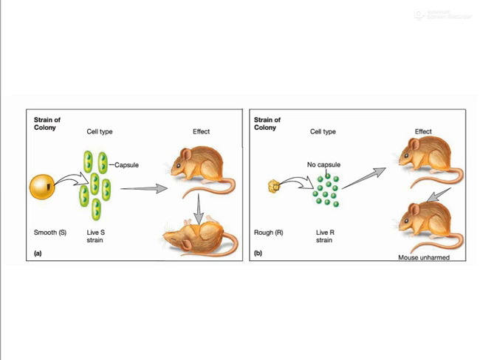The smooth strain has a capsule, and when it was injected into a mouse, the mouse was killed. Whereas when the rough strain, the capsuleless or R strain, was inoculated, the mouse was not harmed. So this indicates that capsules have a role in the pathogenicity of Streptococcus pneumoniae.